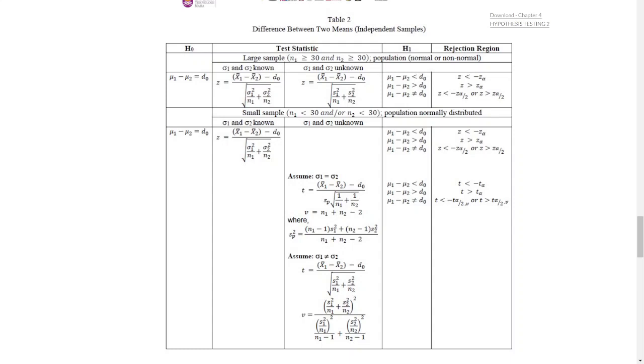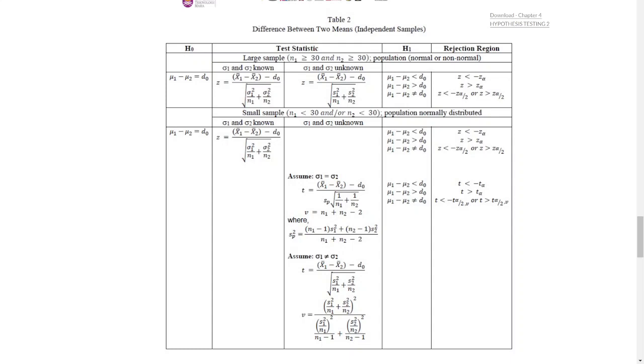And for the case of sigma 1 and sigma 2 unknown, but the sample size is large for both groups, N1 must be greater than 30 and N2 must be greater than 30. It cannot be one greater, one less. Tak boleh, dia kena kedua-duanya sekali melebihi nilai 30.